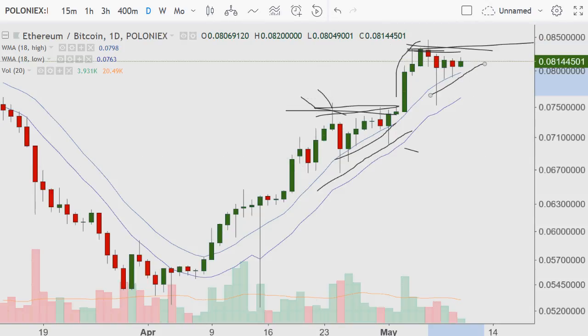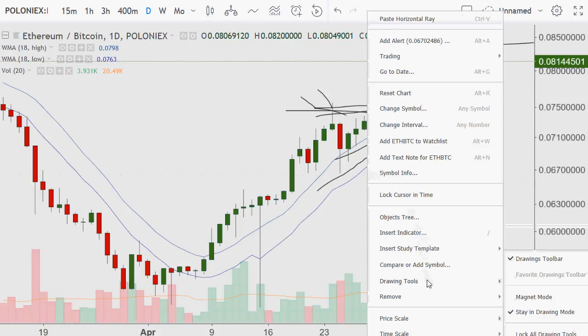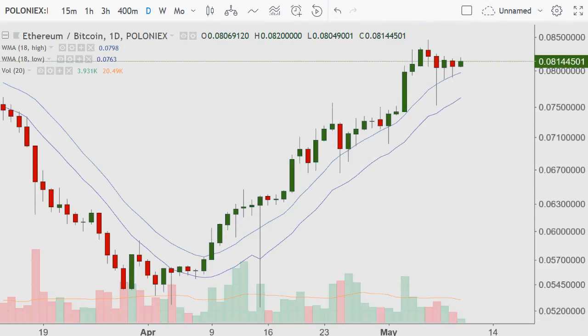Let's shorten out this time frame, remove the lines, because now all I have to do is go right click, drawing tools, and you can remove all drawing tools. That's at the very bottom. You can't see it on your view, but I can, and they're all gone. And that would also have removed the lines had there been any in here.